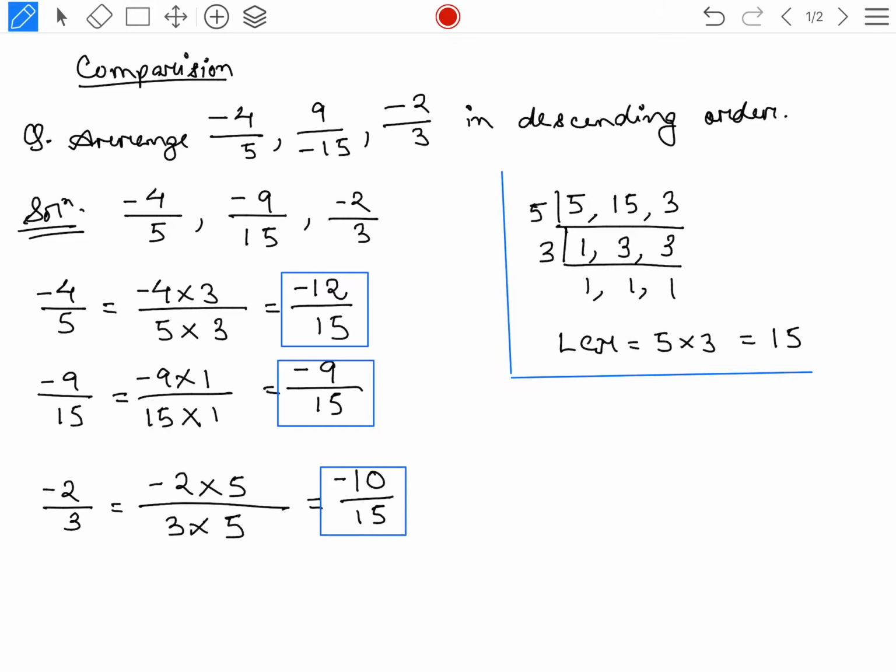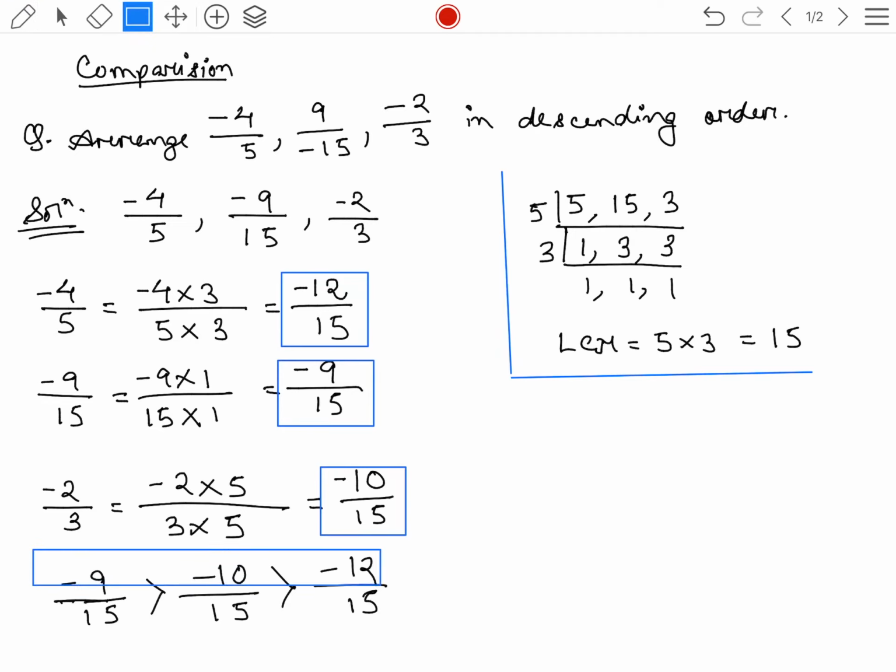Descending means greater to smaller, yes or no? So we know that -9 is greater, so -9/15 will be greater than -10/15, greater than -12/15. Yes or no? -9/15 is greater than -10/15, and -10/15 is greater than -12/15.